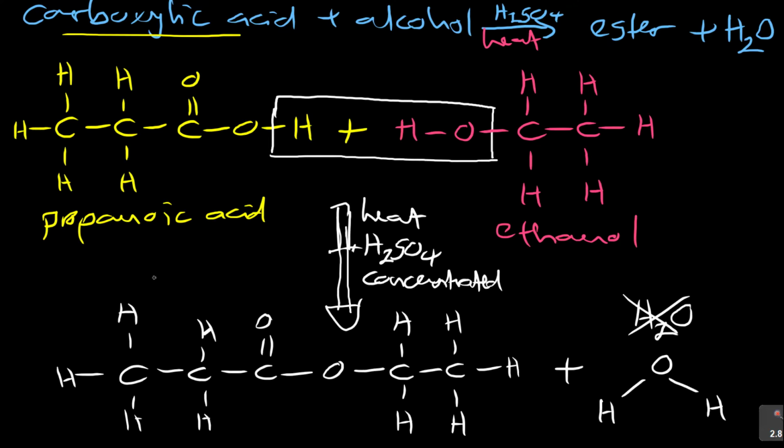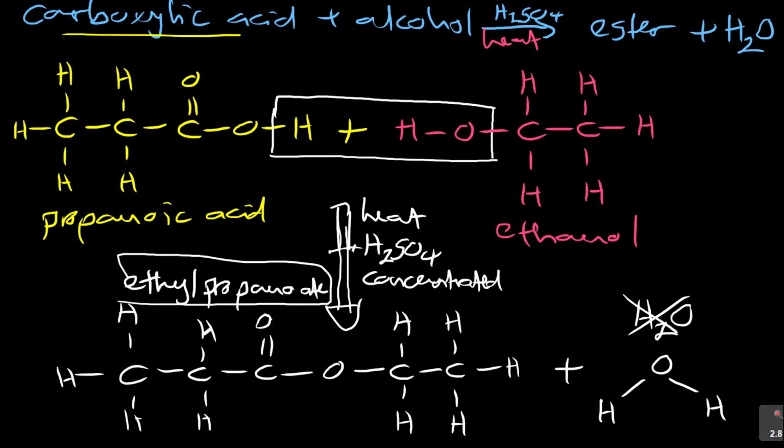You start with the alcohol part. So the alcohol, it comes from ethanol, so it becomes ethyl, and then propanoic acid becomes propanoate. Propanoate. Just revisit the previous lesson where we did this esterification, esters, IUPAC naming of esters. You will get that. Are you with me?